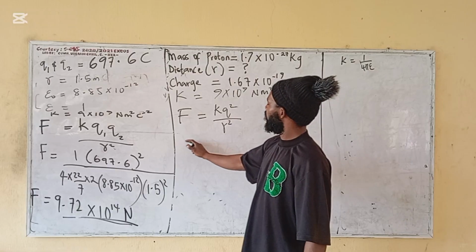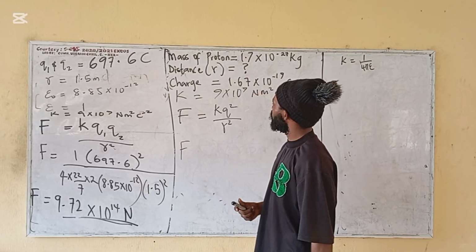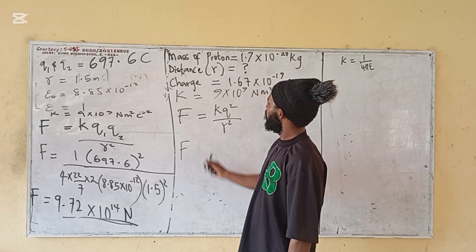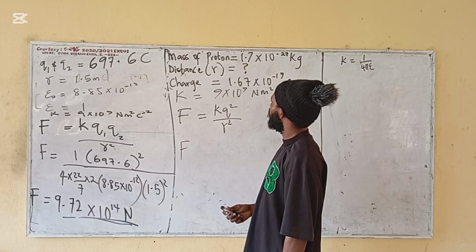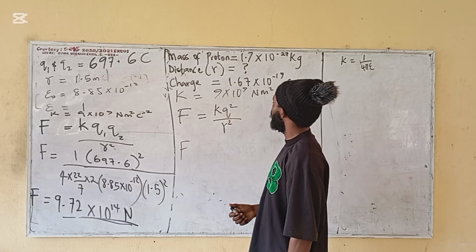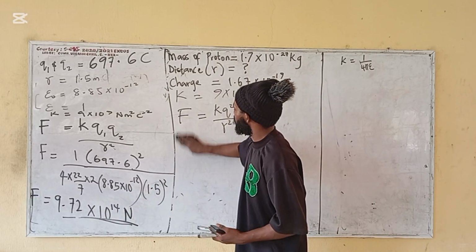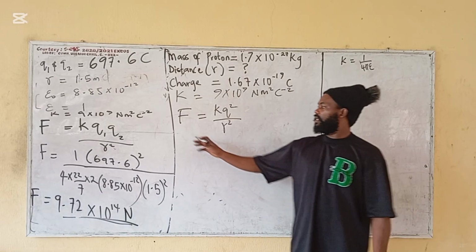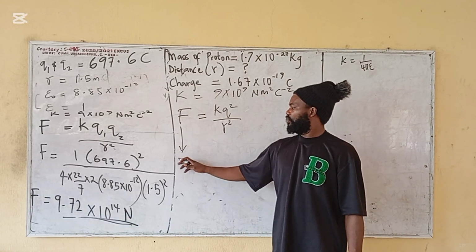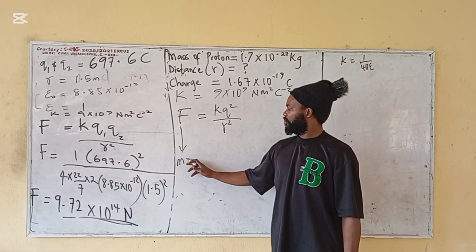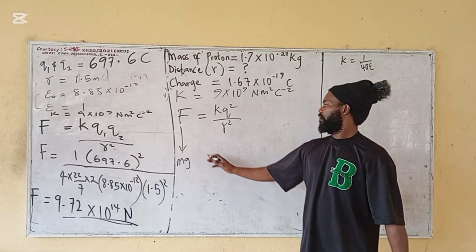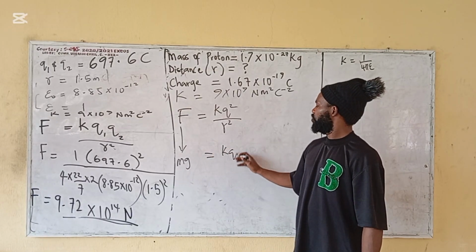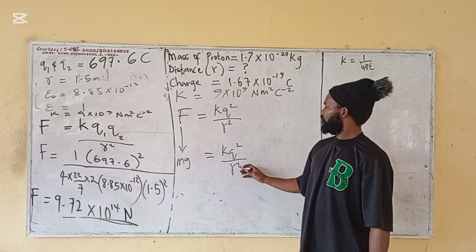Now that F, did they give me the force? They say it's equal to the weight on the earth's surface. Okay, if that is the case, F now equals KQ squared over R squared.